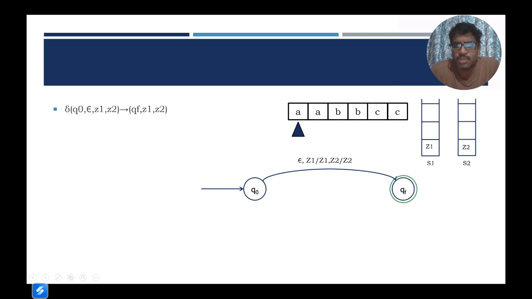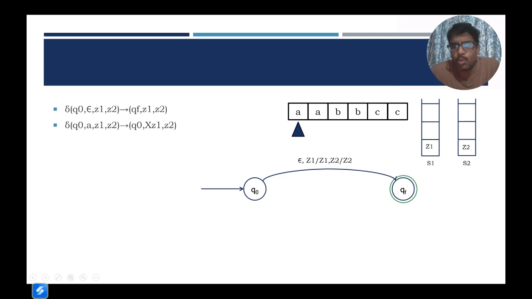Now the head is going to read the A. The transition will be delta of q naught, a, Z1, Z2. Initially the stacks are empty. After pushing A into stack 1, that is, A is converted into X, now the top of stack 1 will be X. Stack 2 is empty.